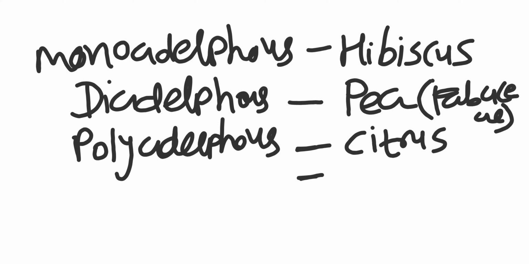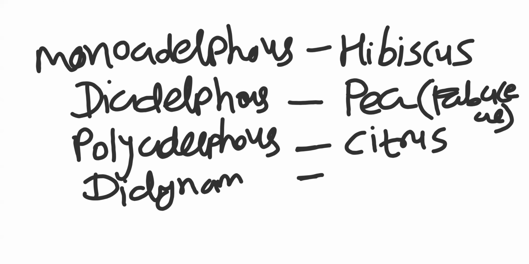Next, tell me, if on the thalamus, 2 stamens have very short length, 2 stamens have very long length, what type of condition do we call that? Correct, didynamous. Good, didynamous. Example, remember tulsi and salvia.